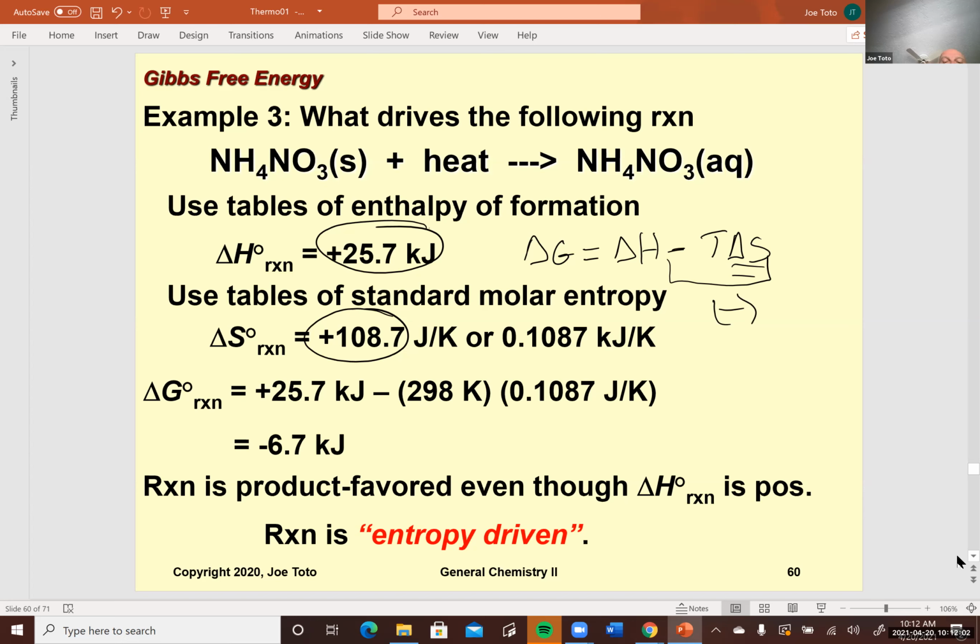And so in this case, delta G again is negative, and it's spontaneous as written, but we say sometimes that this is entropy driven because of the magnitude of T delta S, which is larger than the positive delta H value. Any questions on this terminology of entropy or enthalpy driven? Okay.